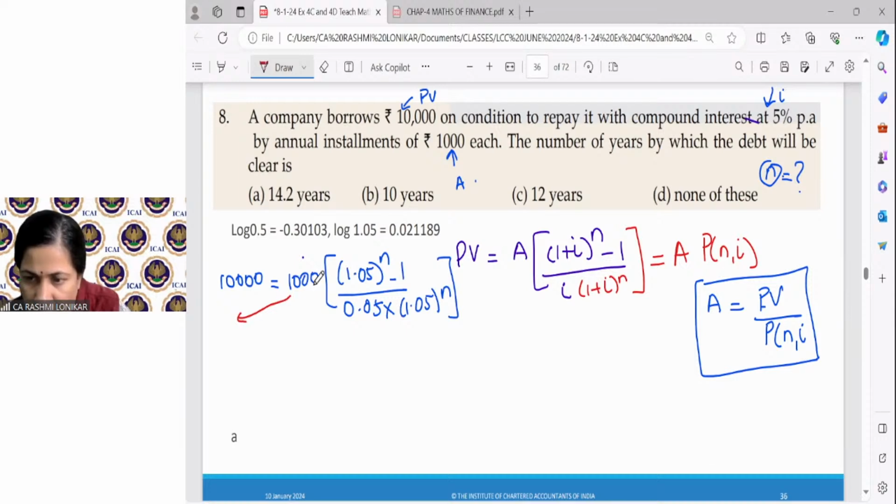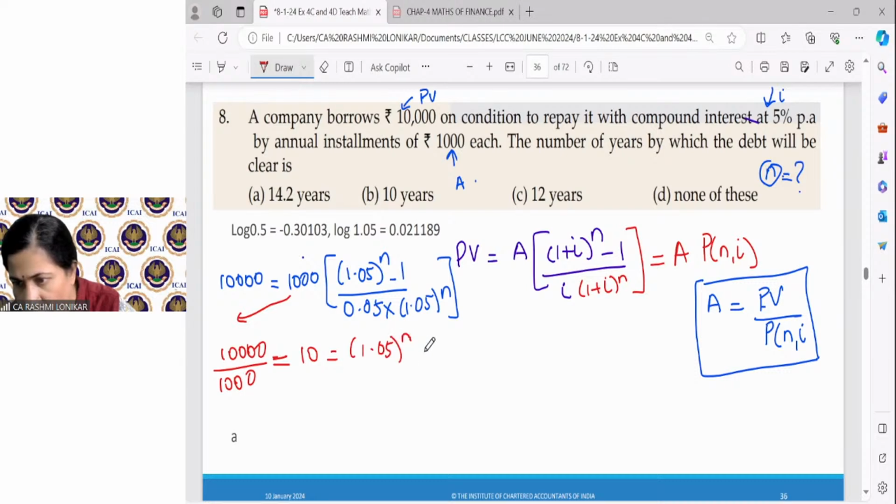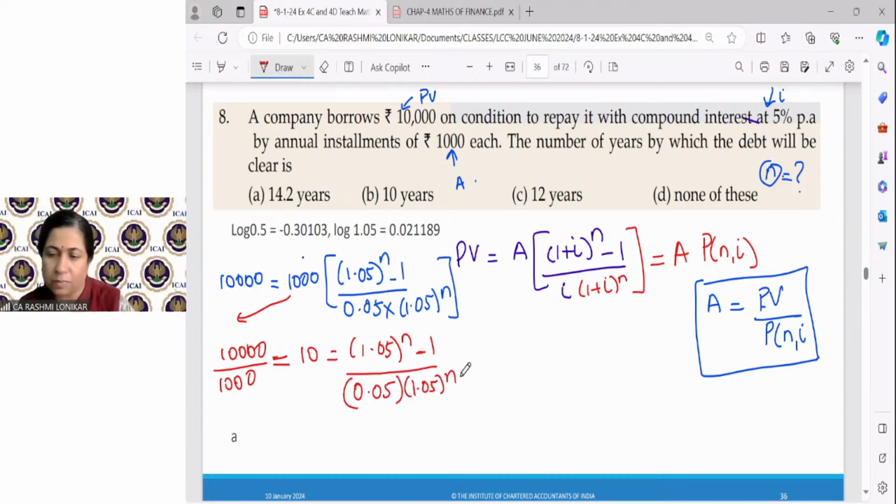Because there is a multiplication here, I can take it to the other side. This will be 10,000 upon 1,000. How much is 10,000 upon 1,000? That I know is 10. 10 is equal to 1.05 raised to n minus 1 upon 0.05 into 1.05 raised to n. Okay.